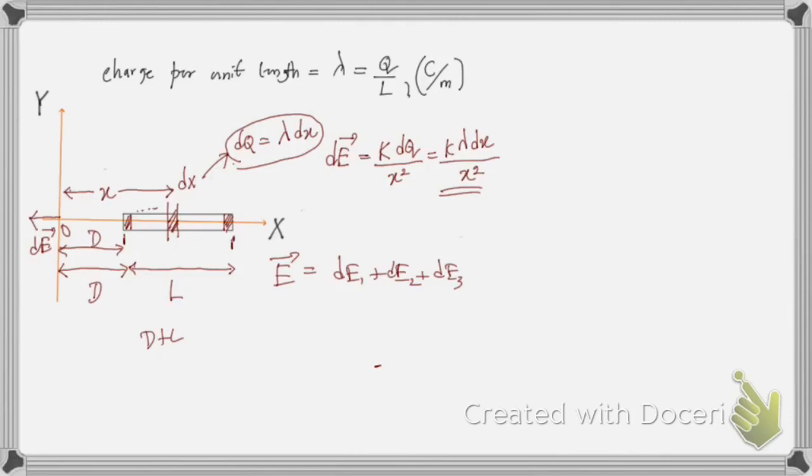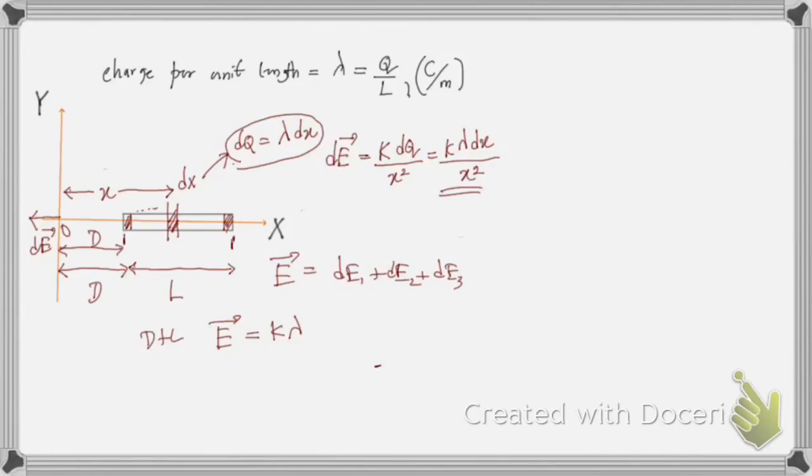Instead of adding all these segments together, we can do something called integration. This is what we're going to do in the integration. We're going to look at the different variables in this equation, see which are common for all these terms and take them out. So E equals k is common, lambda is common.